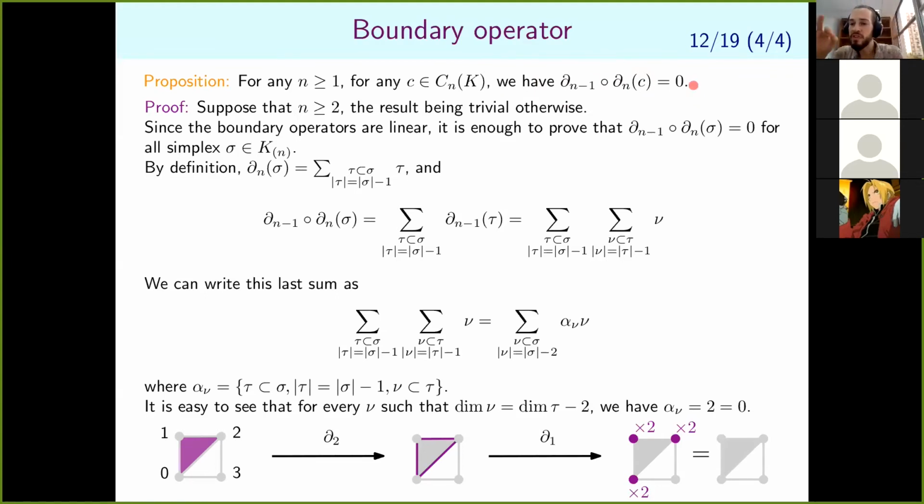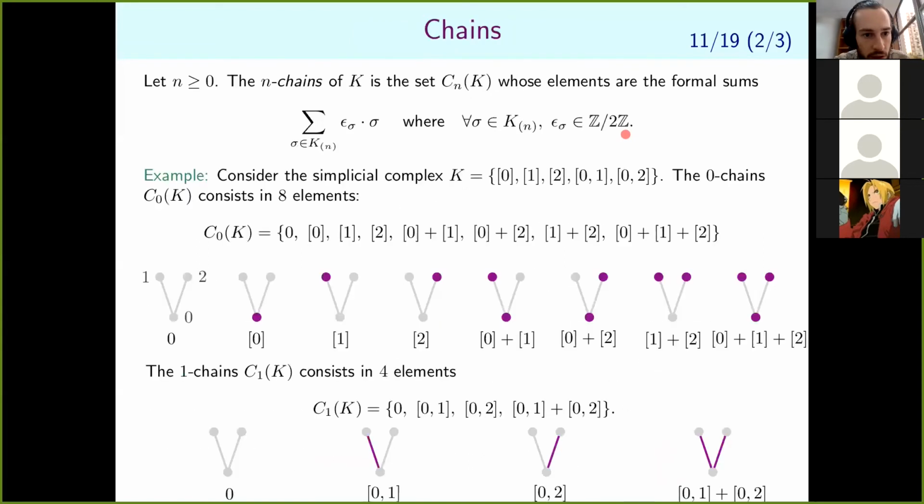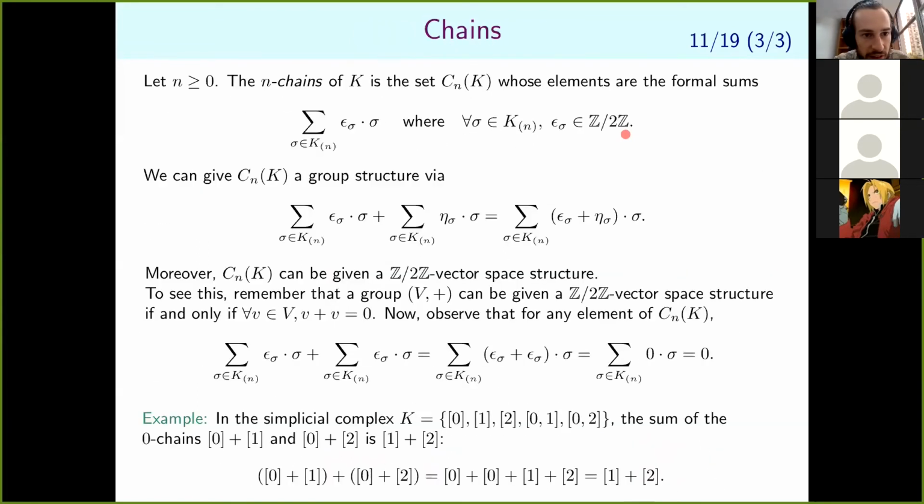So composing 2 boundary operators gives you the 0 map. So let us prove that. Oh yeah, I forgot something. The boundary operator on the 0 chains is defined as the 0 map. Let me write that somewhere.